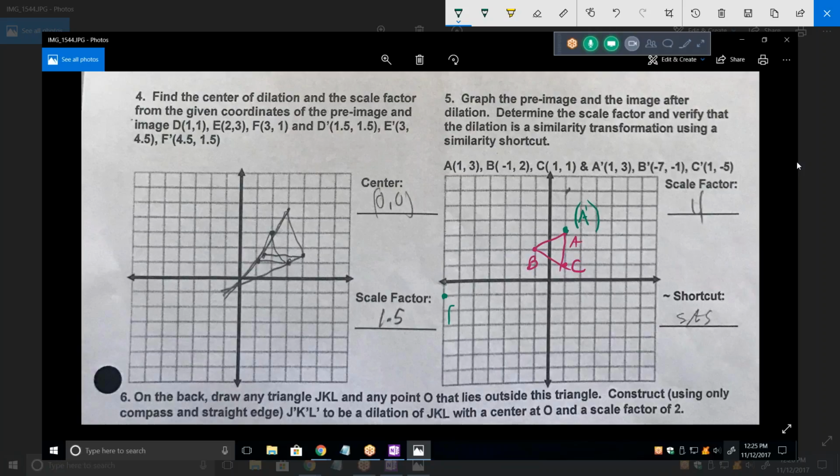There's B prime. And C prime is (1, -5). 1, 2, 3, 4, 5. So that's C prime.